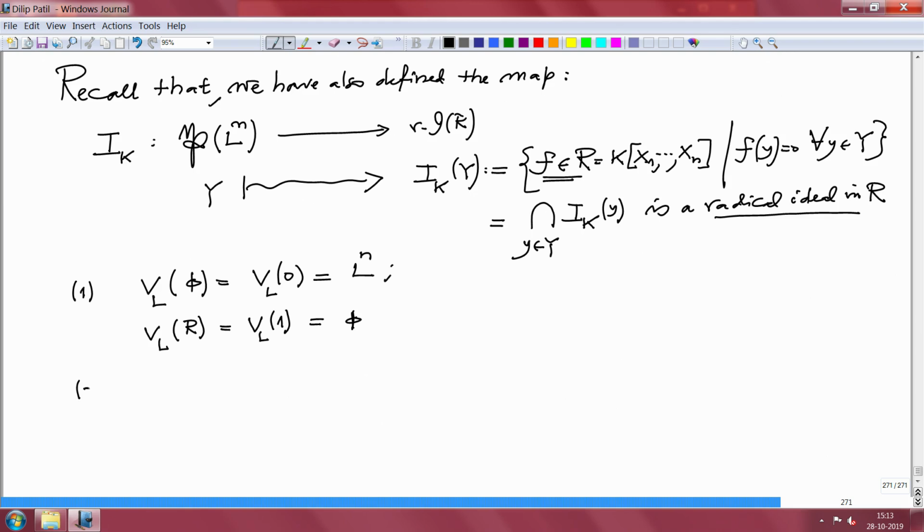What are the counterpart properties for I_K? I will write it as 2. Whenever I list properties for V_L, I will also list properties for I_K. So I_K of the empty set, which is a subset of L^n, is the whole R, and I_K of L^n is equal to 0 if L is infinite.